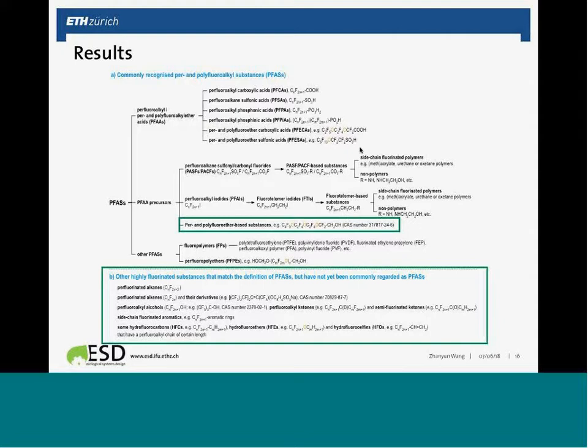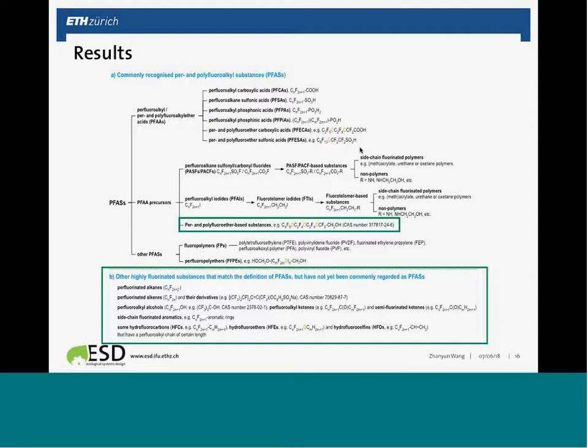Overall, the list is comprehensive, while it's not exhaustive yet. It gives a good indication of which substances may have been on the global market.